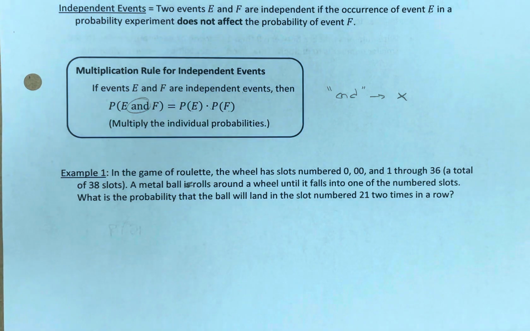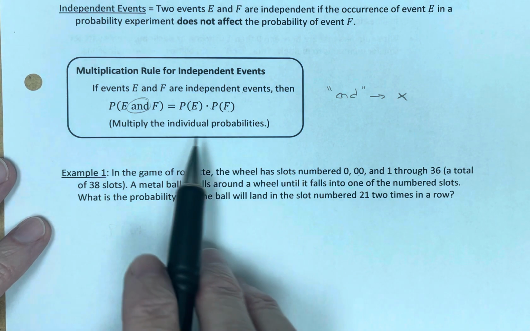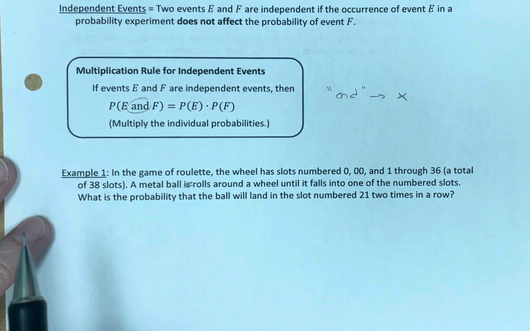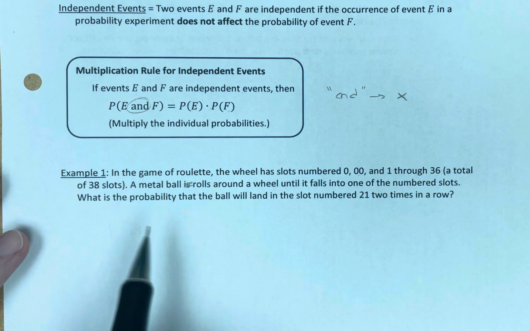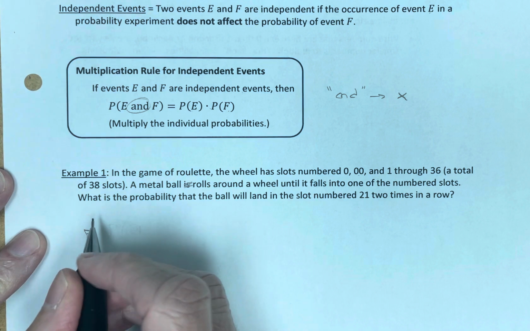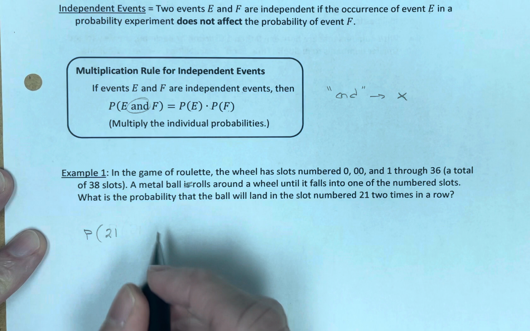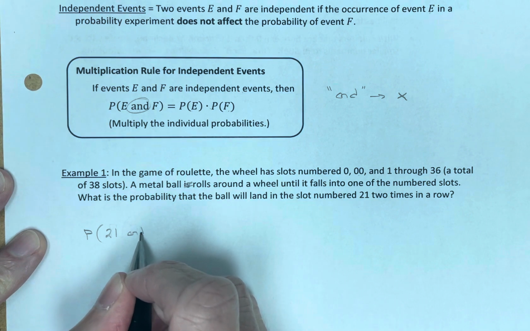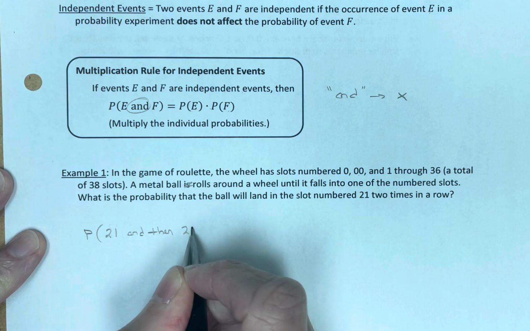So notice we're doing two things. We're going to play this game twice. This is where the and probabilities come into play. We're doing more than one thing. I like to write this down with the word then: the probability of getting a 21 and then getting another 21.